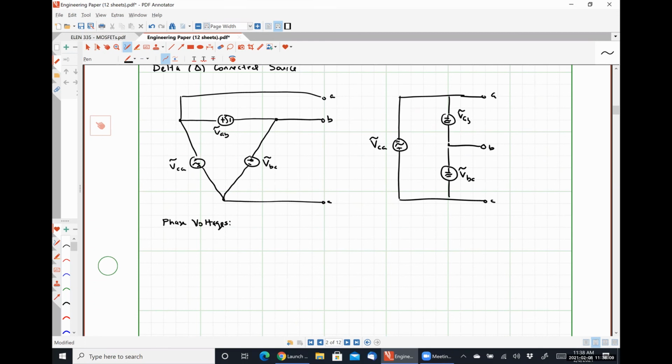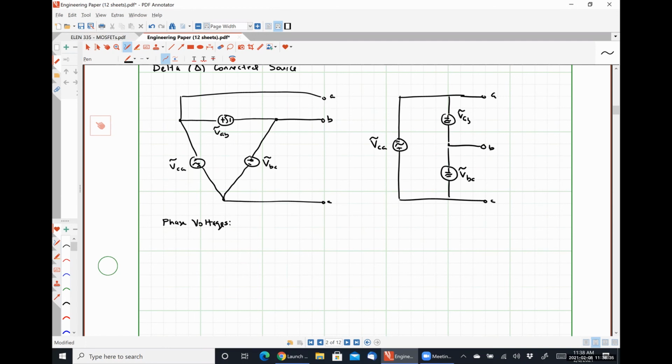Using the definition of phase voltages that we defined above, what are the phase voltages for this delta connected source? This is not in any way, shape, or form meant to be a trick question.